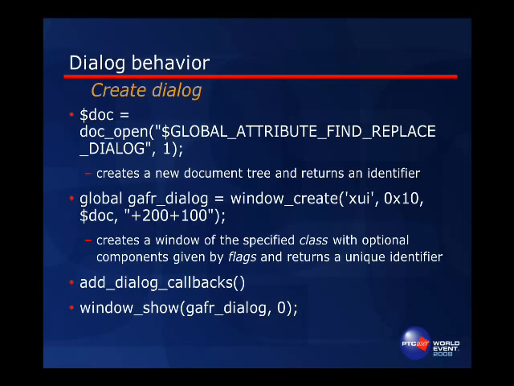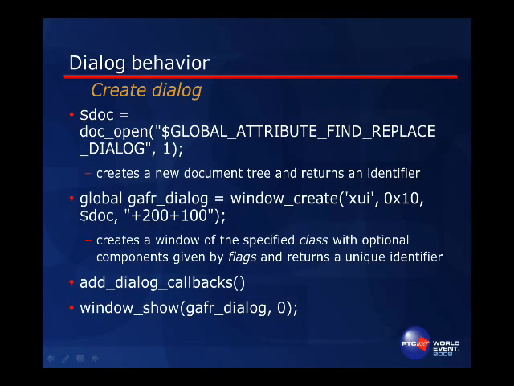So the first thing you do is you grab that ZUI and you load it into a doc object that is returned by the doc open function, and can be used to create a window.